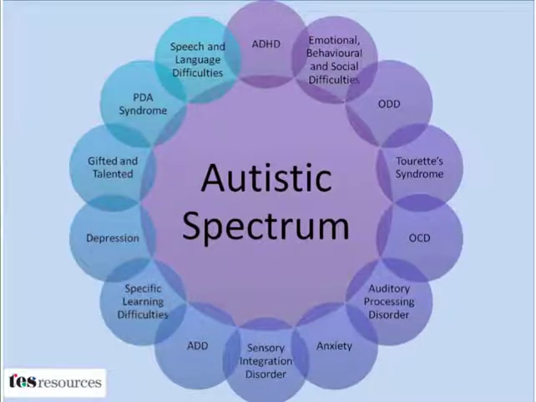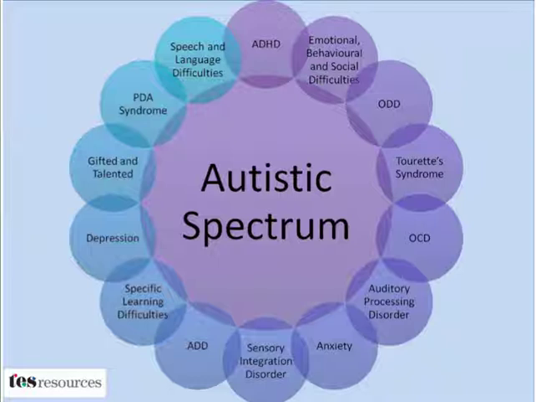I want you to just see this graphic of things that can be part of the autism spectrum. A lot of these things should look familiar to you, but we have a lot of what we call comorbidity, which means students who are autistic can also have ADHD, emotional disorders, oppositional defiance disorder, anxiety, and sensory integration disorder, which means they're very sensitive to how clothes feel.